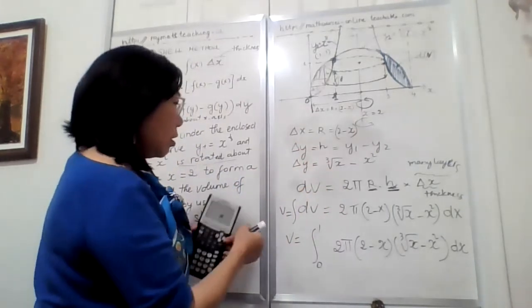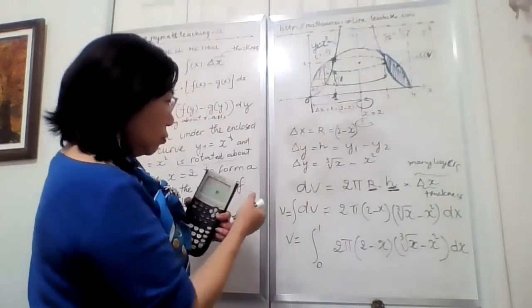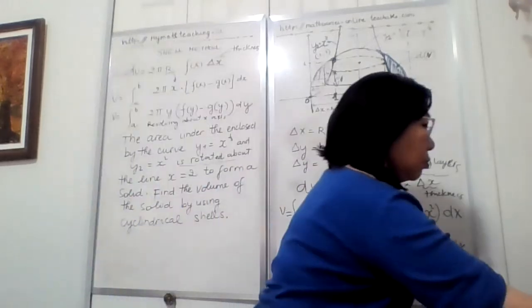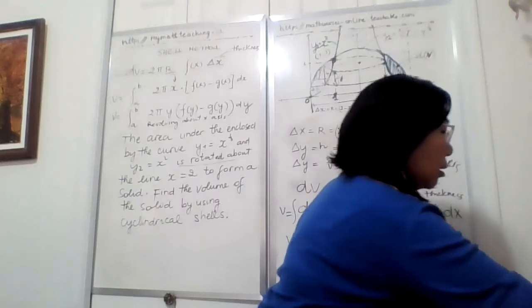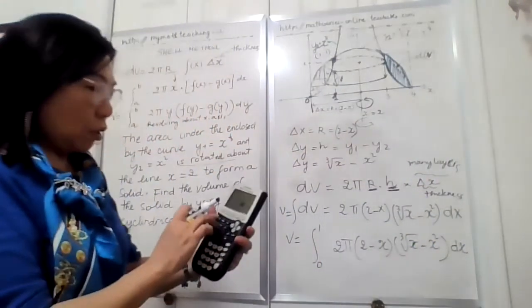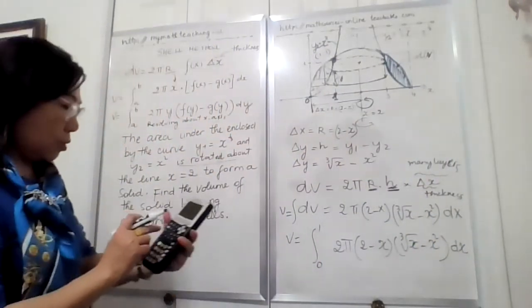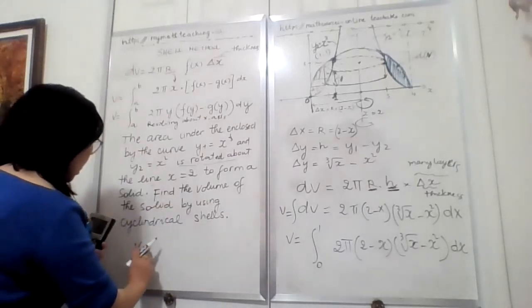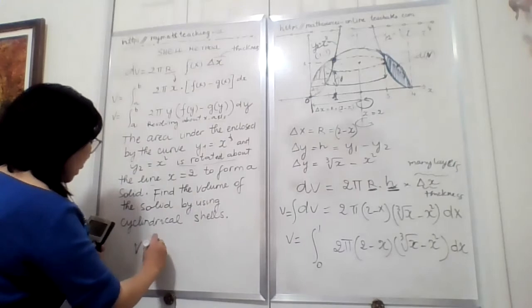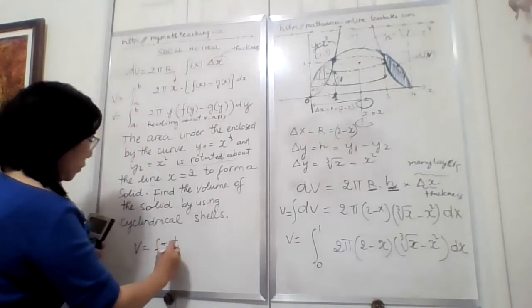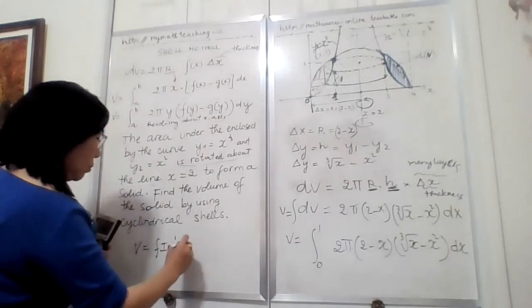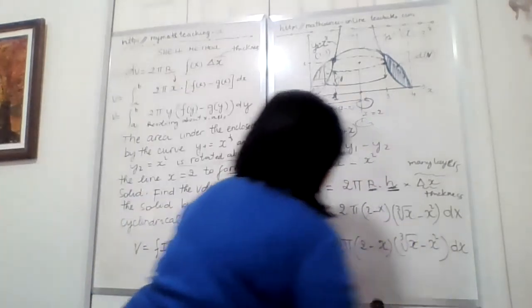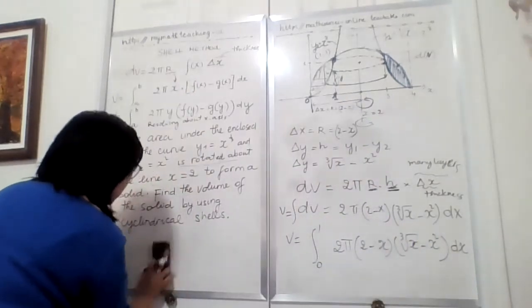So on your calculator, the way you operate it, the volume function will be fnInt, where Int stands for integral. Let me try this first, okay?